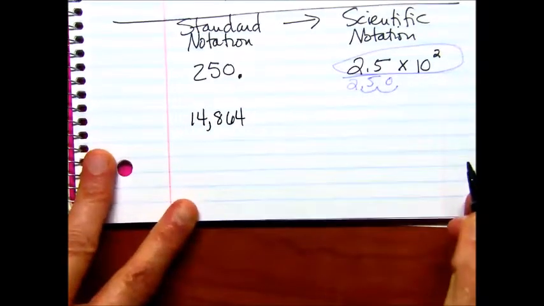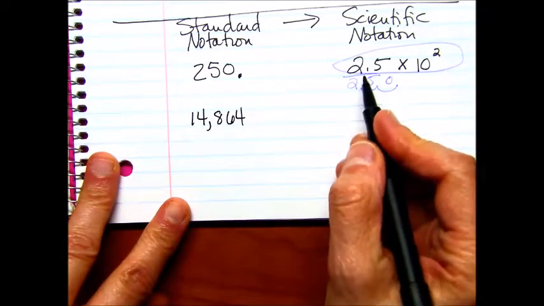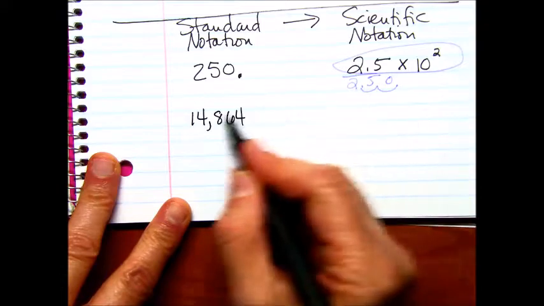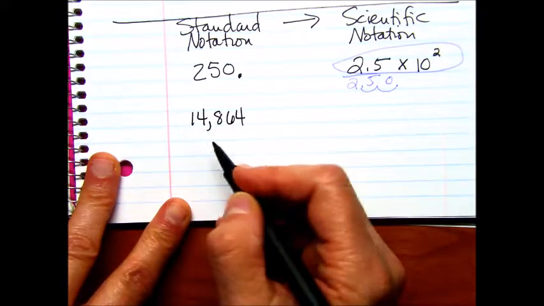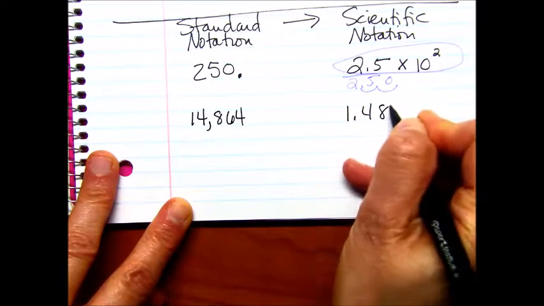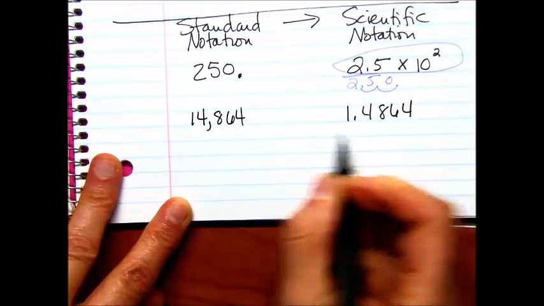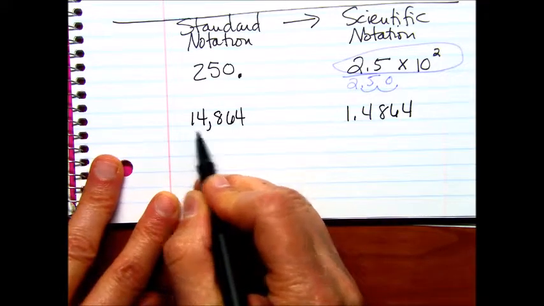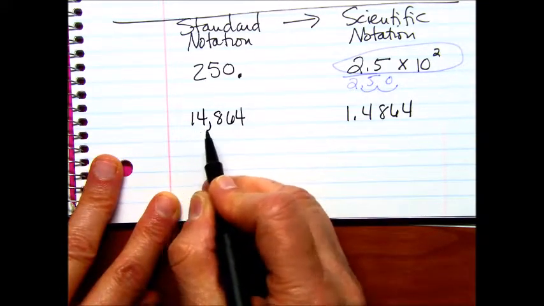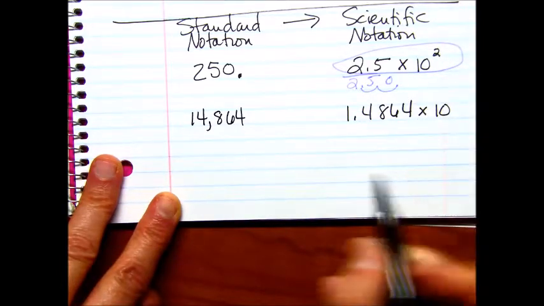14,864. Okay, again, scientific notation, it's got to be equal to or greater than 1 but less than 10 for our first digit, so it's going to be 1.4864. Everything else follows. Now we want to know what power of 10 we are going to multiply by.